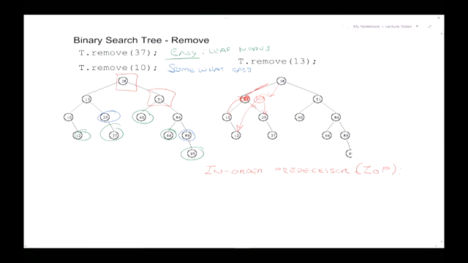So the in-order predecessor is, if you think of this list in an in-order traversal, then we want the one that immediately precedes our current node. So the IOP is defined as the max element in the left subtree.